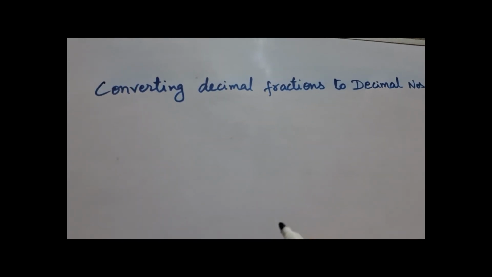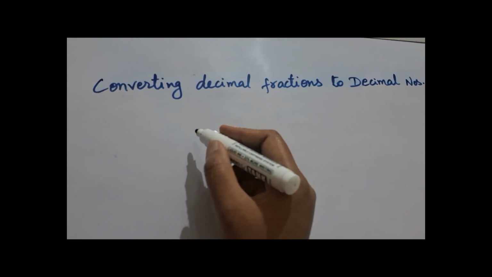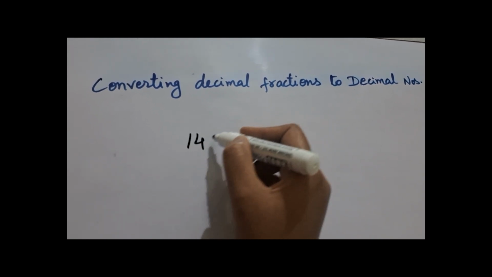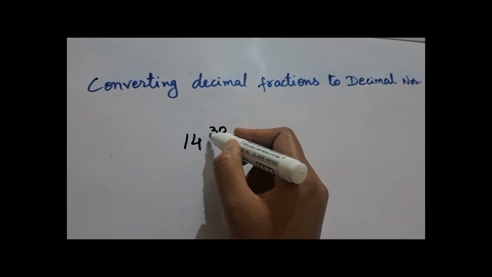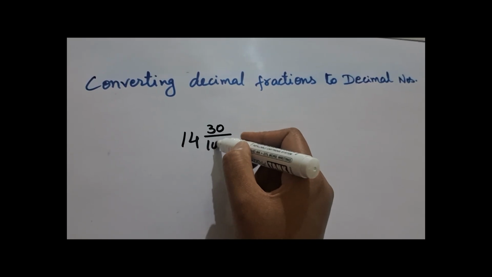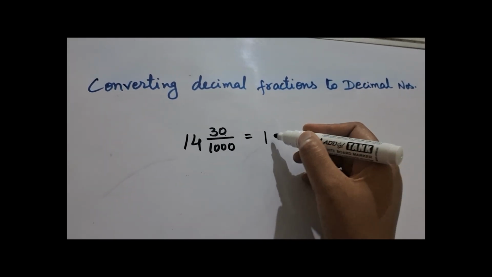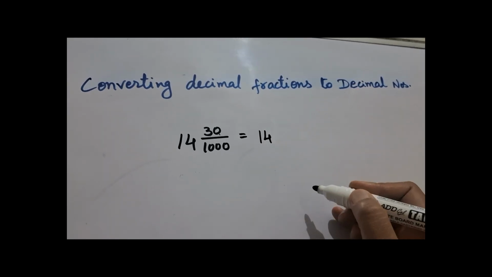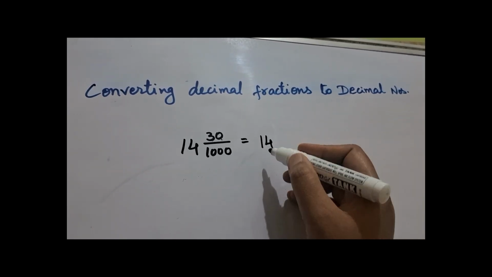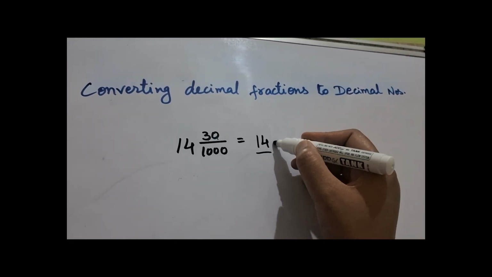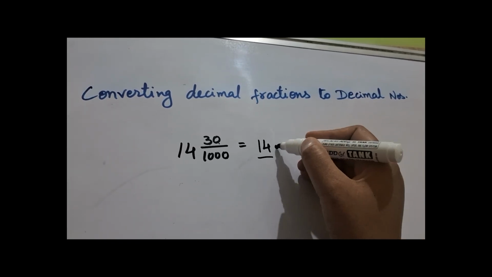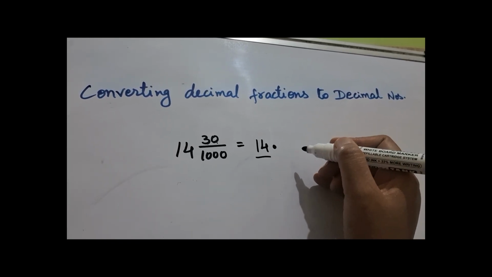Let's take another example, children. For example, 14 30 by 1000. Now here 14 is the whole number, children. 14 I will write in the whole number part of the decimal number, right? And the decimal point I am putting.